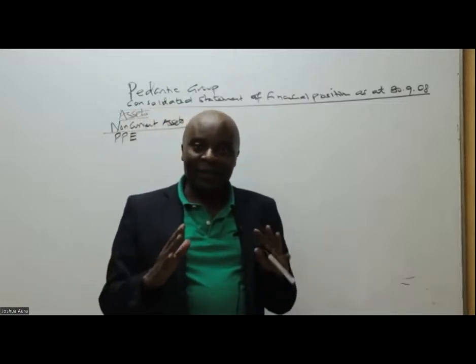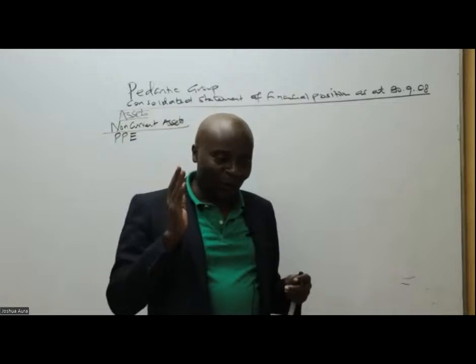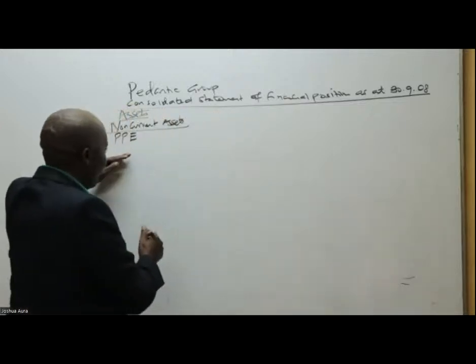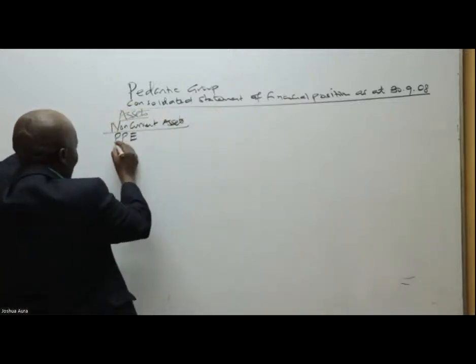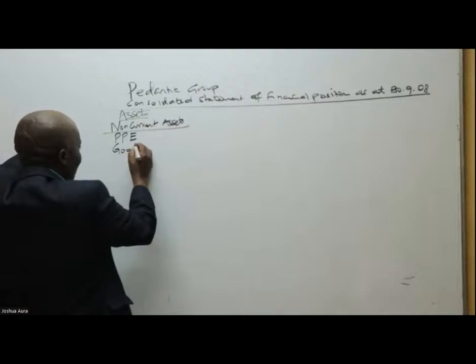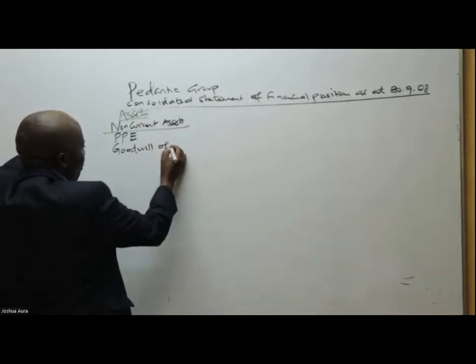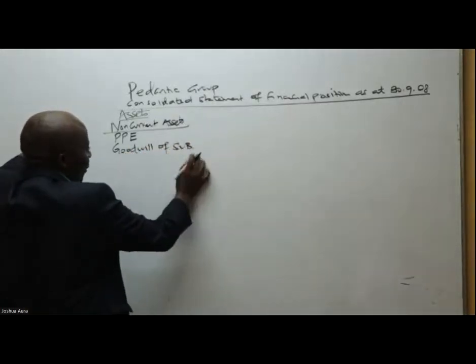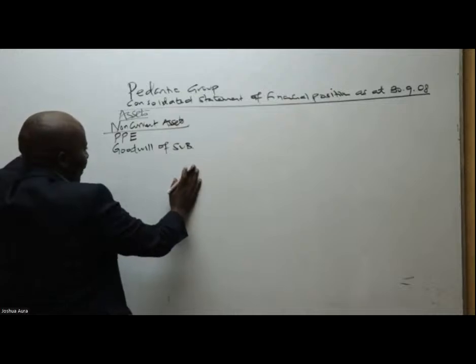So anytime you've got subsidiaries, as a non-current asset, you must give us your goodwill. Goodwill of subs. You don't write in full goodwill of subs like that.